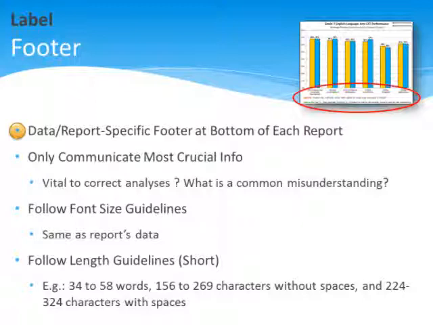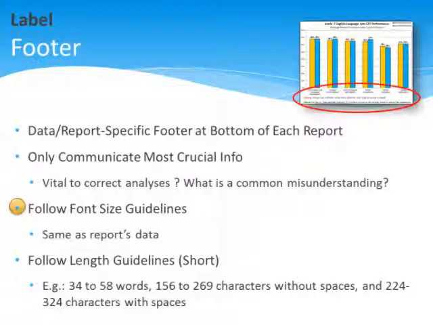A footer specific to that particular report's data should be present at the bottom of each report, communicating only the most vital information an educator would need to analyze this particular data correctly, such as stopping him or her from making common mistakes.